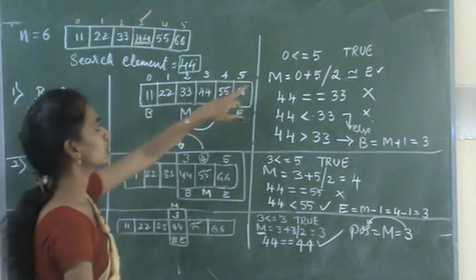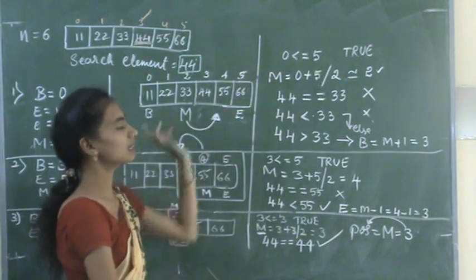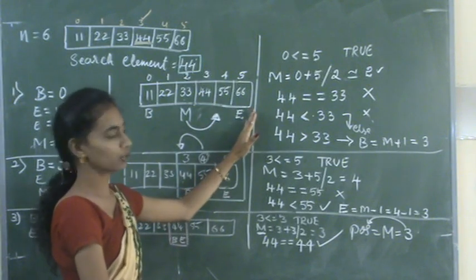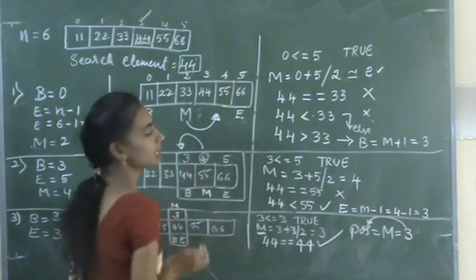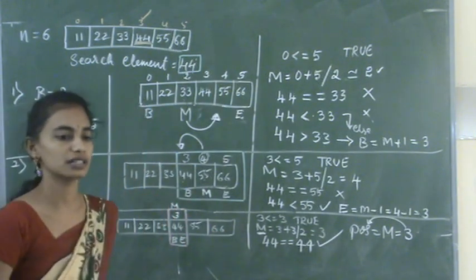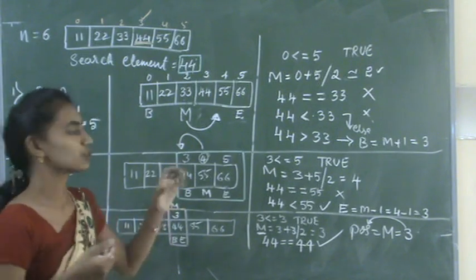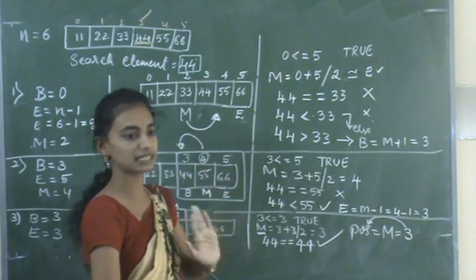After this we need to go for iteration. First we check whether the beginning is less than or equal to the ending value. Suppose the array doesn't have any elements, then you cannot search for the element, right? So for that we are using this, to check whether the array is present or not.